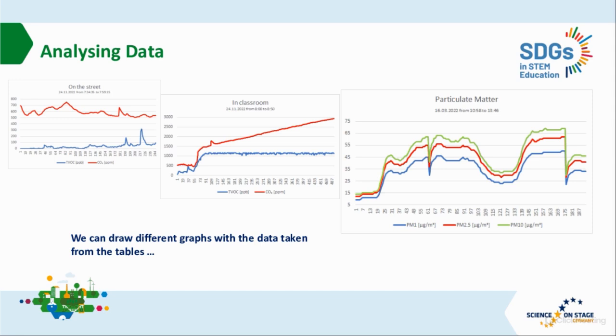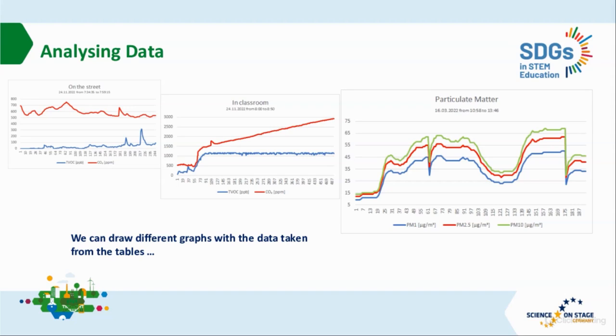We made some graphs with the data from the tables of the site, and we can compare, for example, here in the middle, the quantity of carbon dioxide in 1 hour in a classroom.